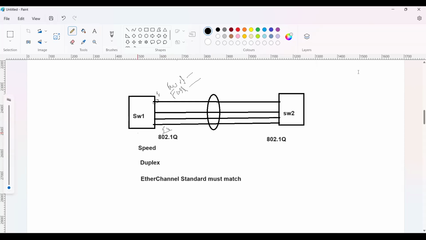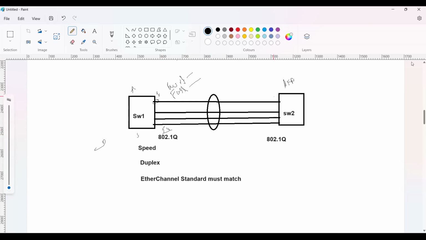If you are using DTP, Dynamic Trunking Protocol, then you should use DTP on both ends. Dynamic desirable will form the trunking. If both ends are dynamic auto, then it won't form.